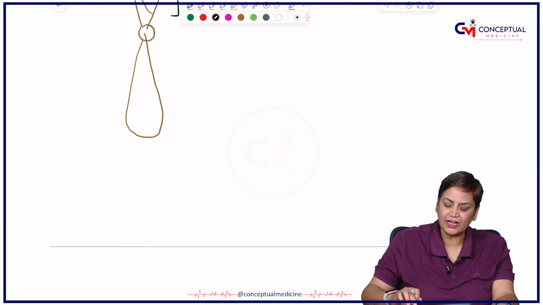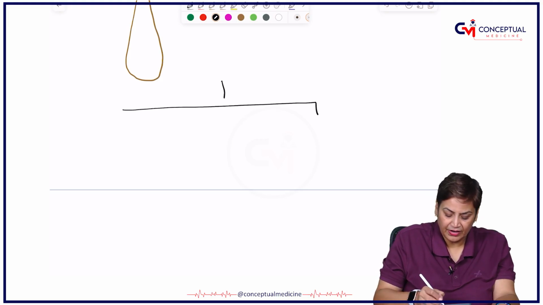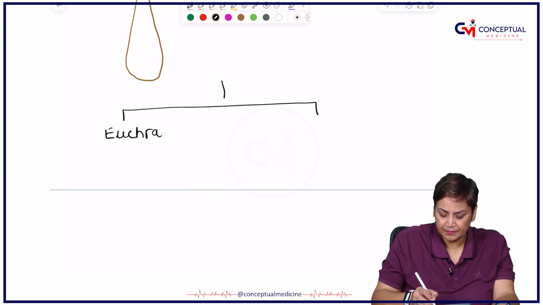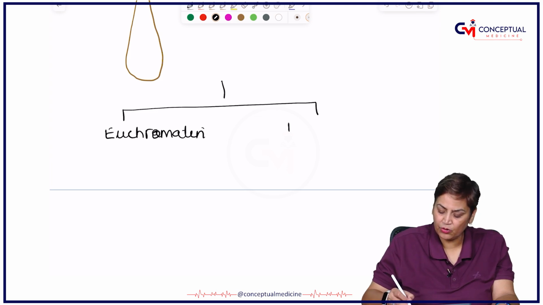On the basis of this we can say that there are two types of chromatin fibers also. One is euchromatin, and heterochromatin.